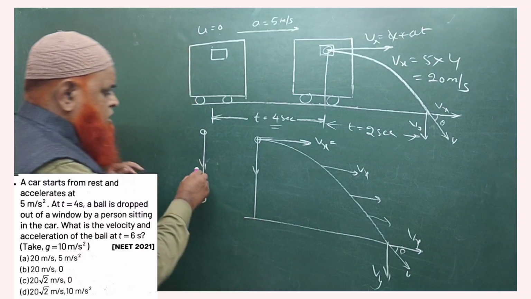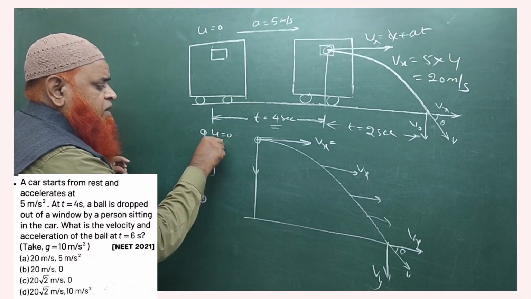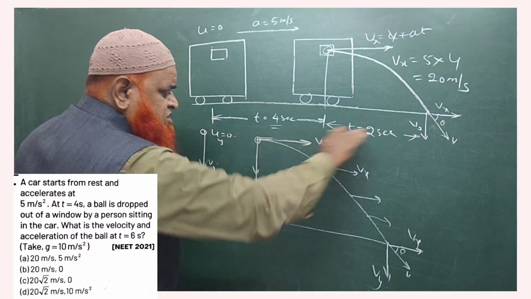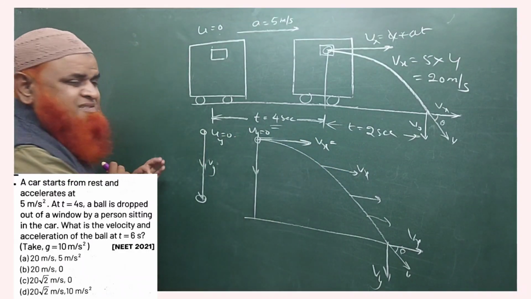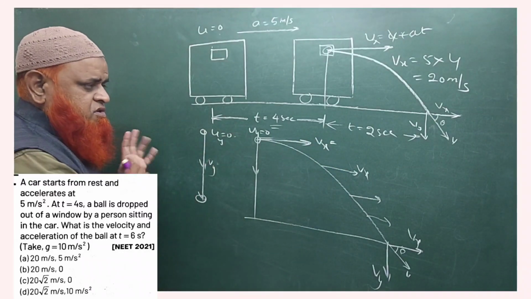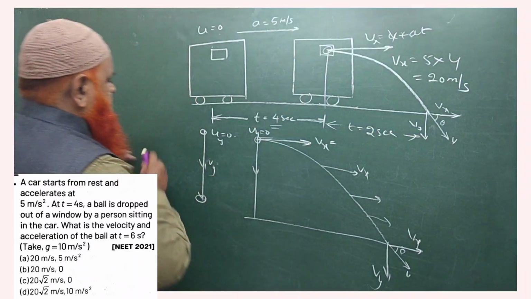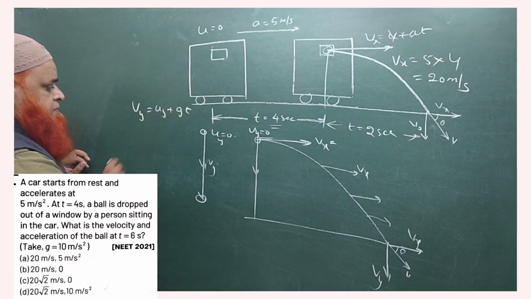So how can I find Vy now? It's very simple. Initial vertical velocity Uy is going to be 0 here, as the ball is initially going completely horizontally. Then Vy is nothing but Uy plus g into t.